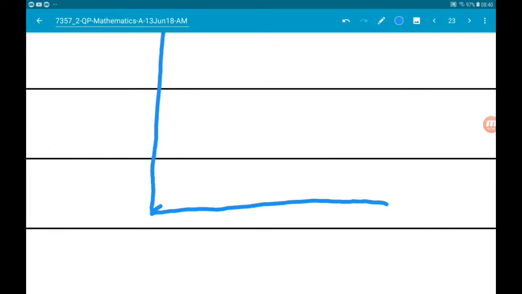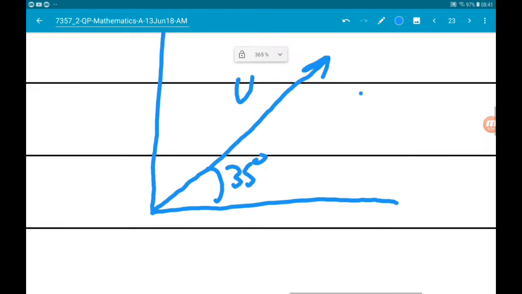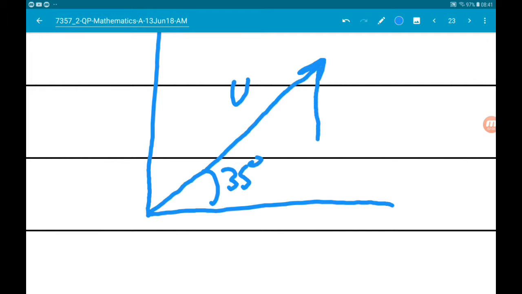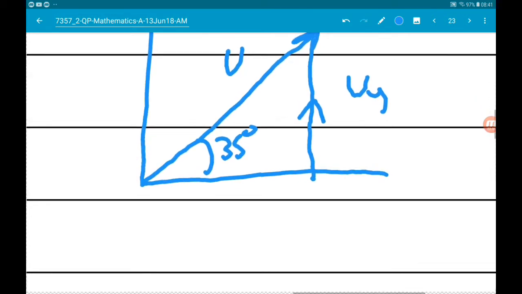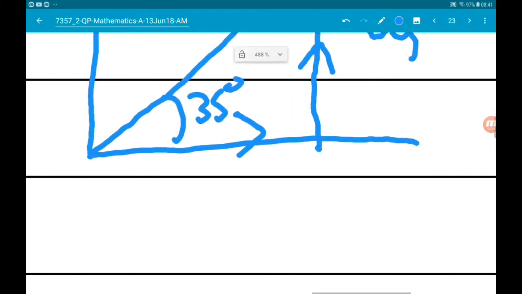We're looking for u here. u is our initial velocity. We have an angle of 35 degrees, so we can break this up into the vertical component, which we would call u_y, our initial vertical velocity, and our horizontal velocity, which we would call u_x.